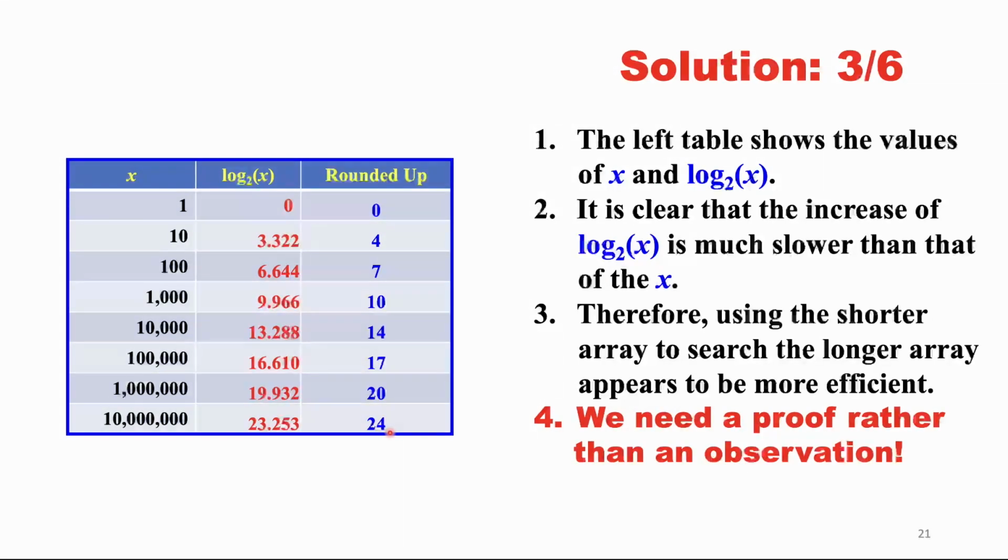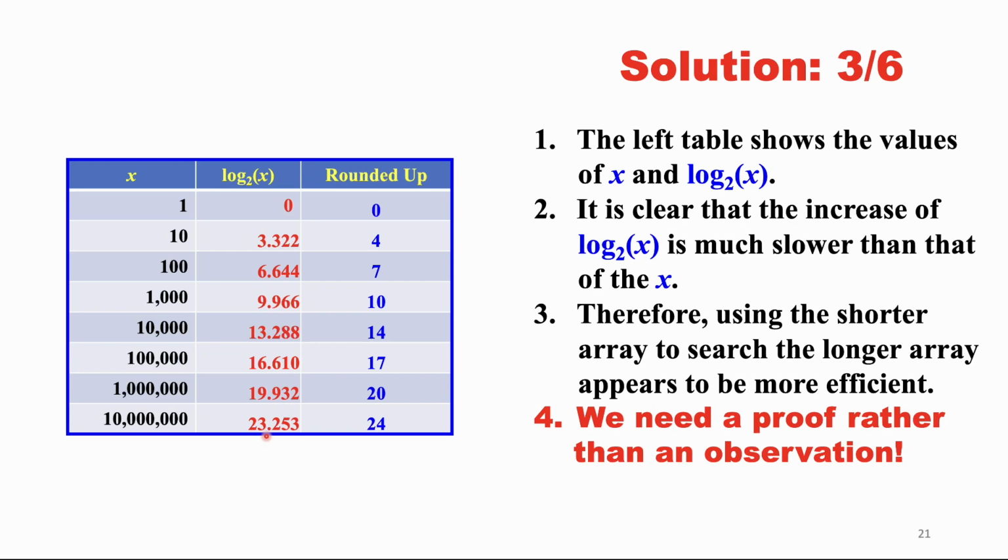As you can see, this is the power of the binary search. It's so huge, the difference. So this gives us a more comfortable argument to use the shorter array to search the longer array, because the log 2x would cut the number of comparisons in a more significant way.